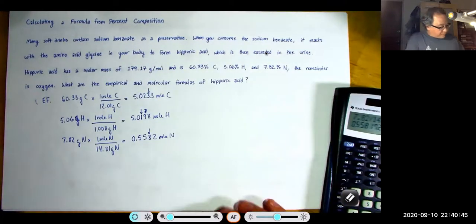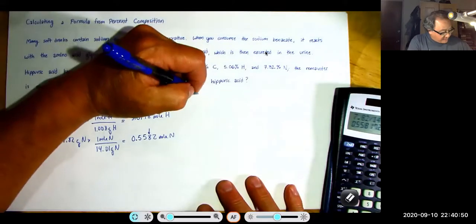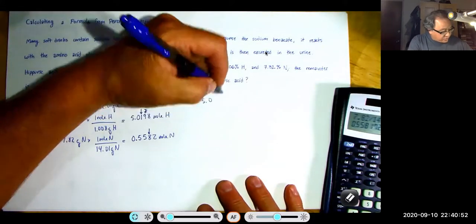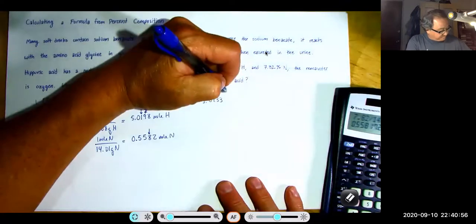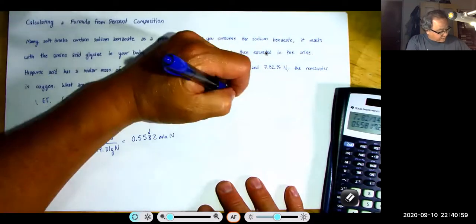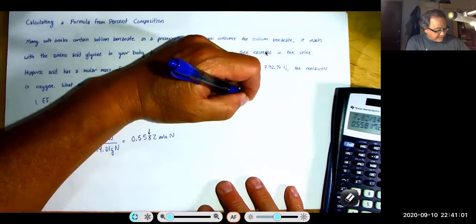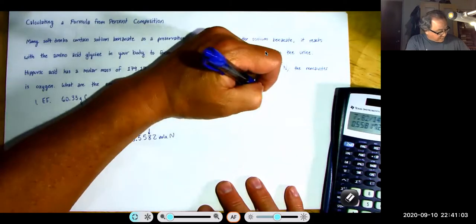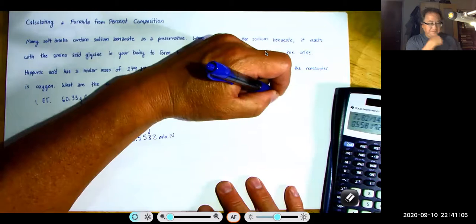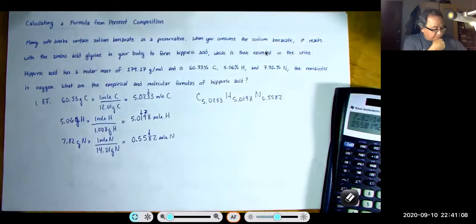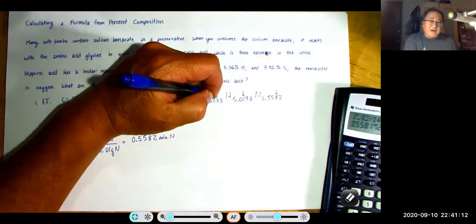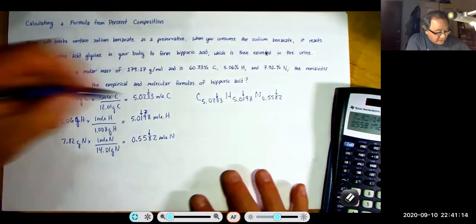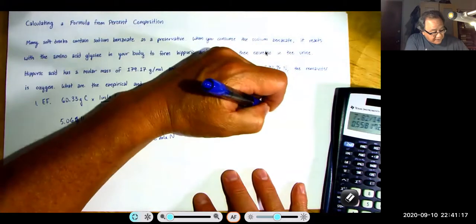Okay, so now what are we going to do? Here's what I'm going to do. I'm going to say I've got carbon 5.0233, hydrogen 5.0198, and nitrogen 0.5582. Now, what am I going to divide by? I'm going to divide each of these by 0.5582.